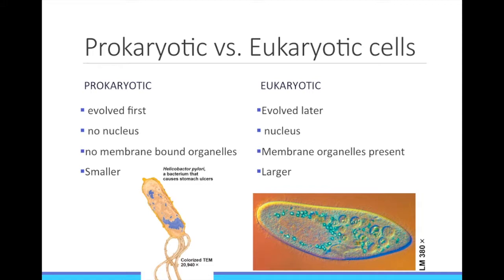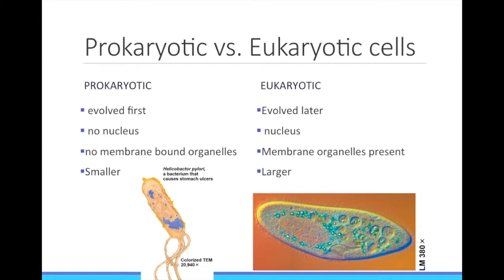These are called membrane-bound organelles. Eukaryotic cells have a lot of membrane-bound organelles. Prokaryotic cells are believed to have evolved first. It is likely that eukaryotic cells evolved from an ancestor that was a prokaryotic cell. Prokaryotic cells are also much smaller than eukaryotic cells.